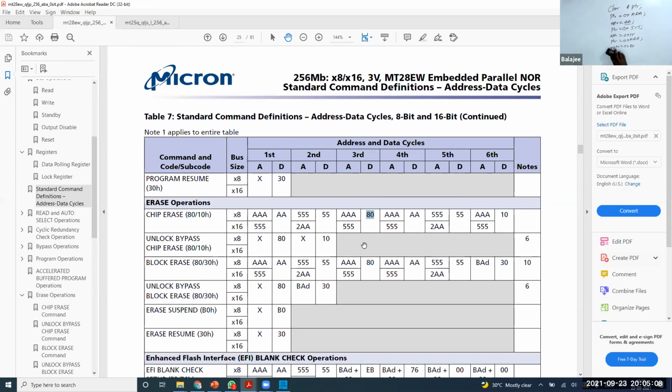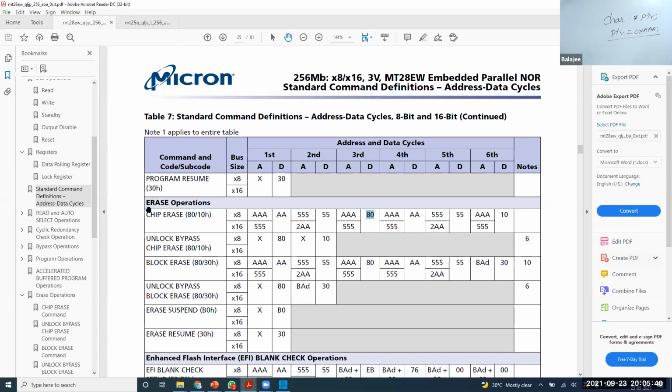If I write it much bigger, I will write char star PTR equal to 0xAAA. I've told you so many times, when it comes to a controller, don't think, follow the rules, follow the data sheet. Keep the data sheet and write.